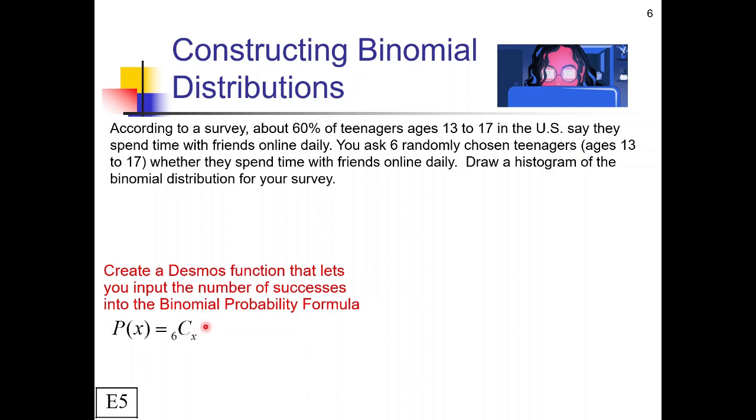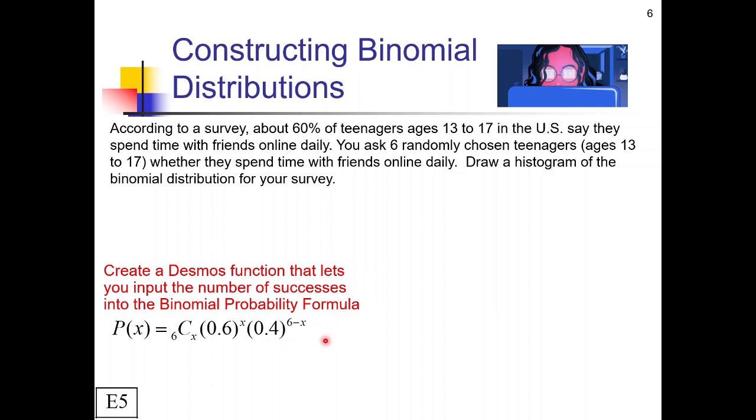So 0.6 to the x, whatever x is, 0 through 6 we could plug in for this. Probability of failure was 100 minus 60, which would be 40%, or 0.4. And the number of failures would be 6 minus whatever this x is. So 0.4 to the 6 minus x.